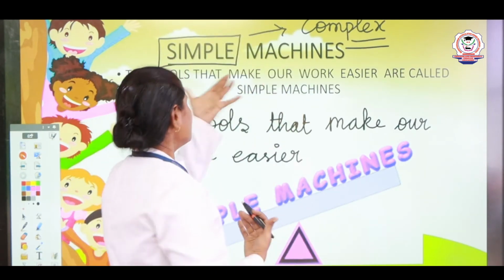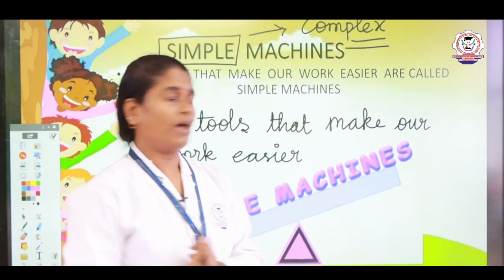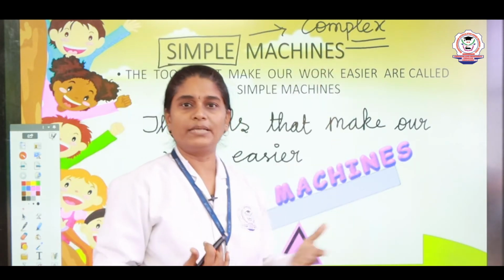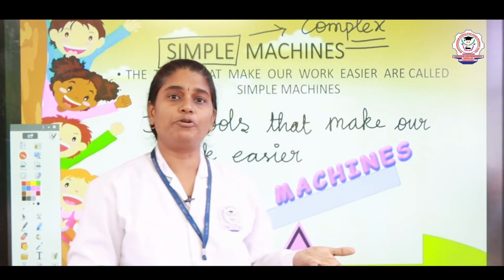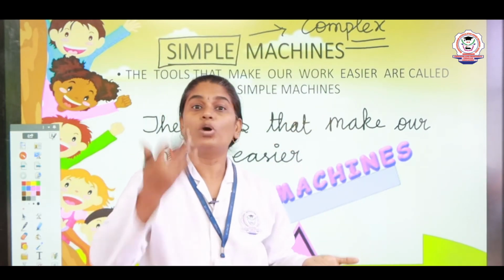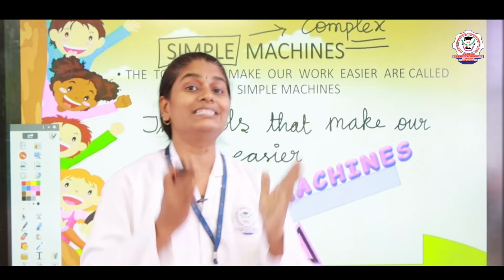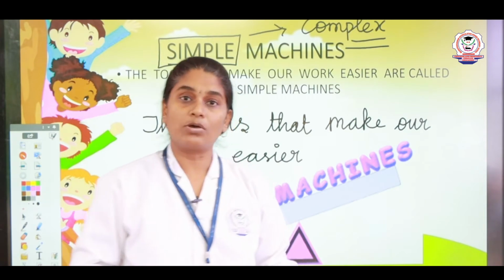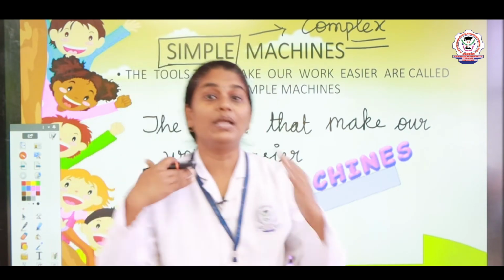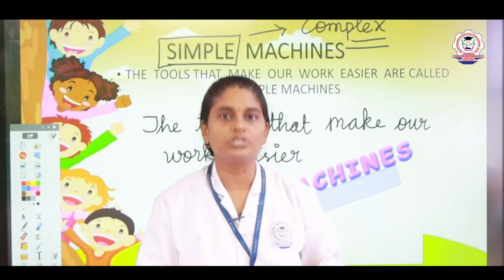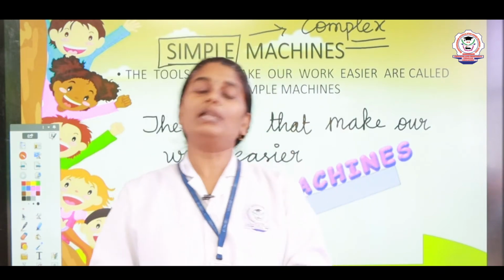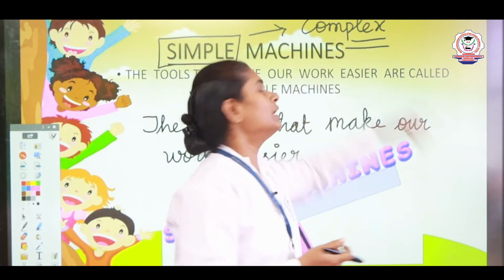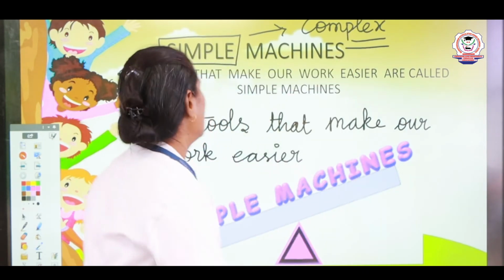For example, if you take your sewing machine or your washing machine, these machines are called complex machines. Why? Because in that washing machine or sewing machine, many simple machines are combined together to form the complex machine, right?